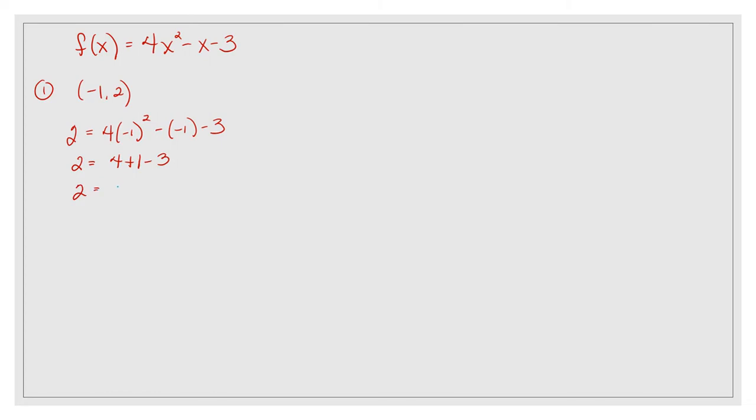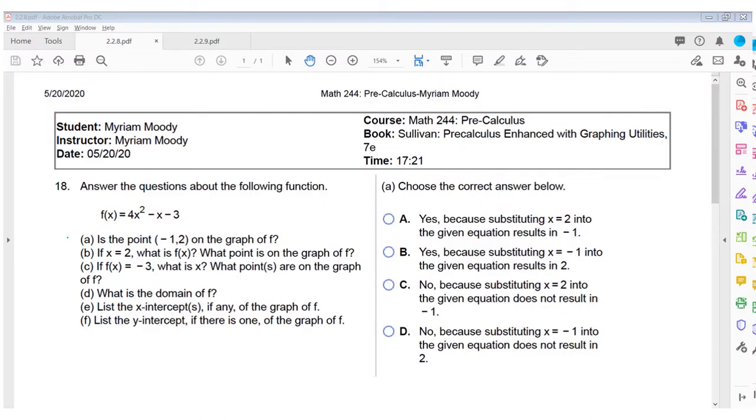And it looks like it does work. So, be careful which option you choose here. We know it works, so we know the answer is yes, but which yes is it? What did we substitute? Did we substitute x for 2 or x for -1? Yep, x was -1, so it's B.